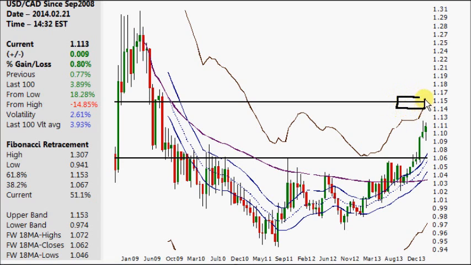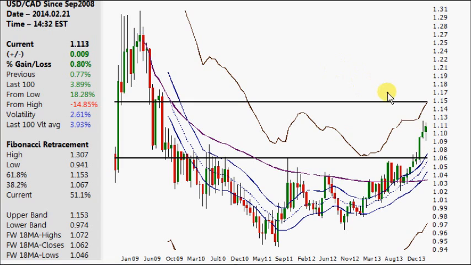A move here, or B, a pullback down to this previous level. I think the chances again are high that it comes here, but I don't know if it's going to come here and then go like that, or if it's going to go up to this point without finding support at this key level. I do like the looks of this setup in that playing that paper game.